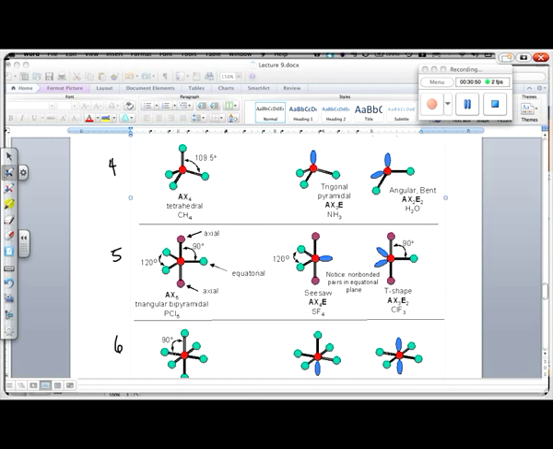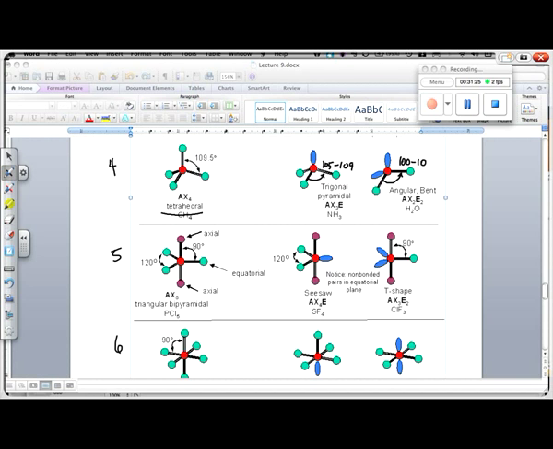Everything that's steric number 4 has a tetrahedral electron pair geometry. If you have a steric number of 4 but 3 are bonds and 1 is a lone pair, your bond angles, first of all, are smaller, about 105 to 109 here. That's what I have written on yours, 105 to 109, because of that lone pair. And if you have 2 lone pairs, as in the case of water, then that angle is even smaller, about 100 to 104.